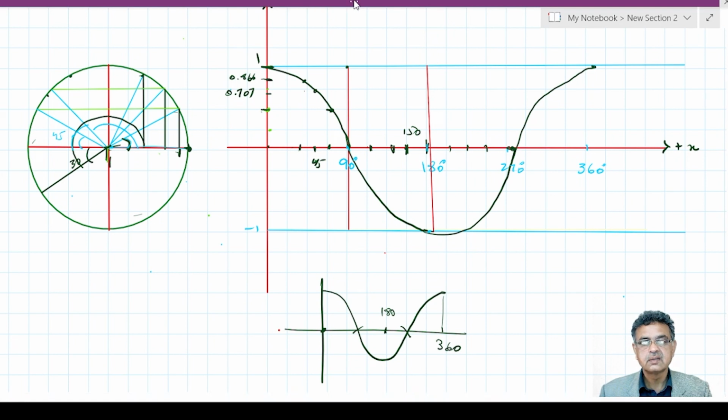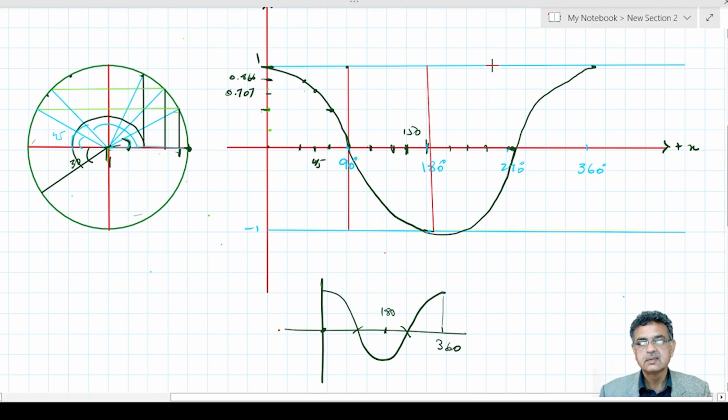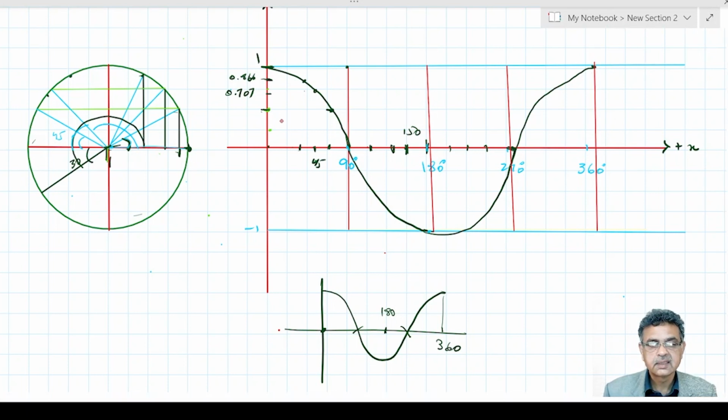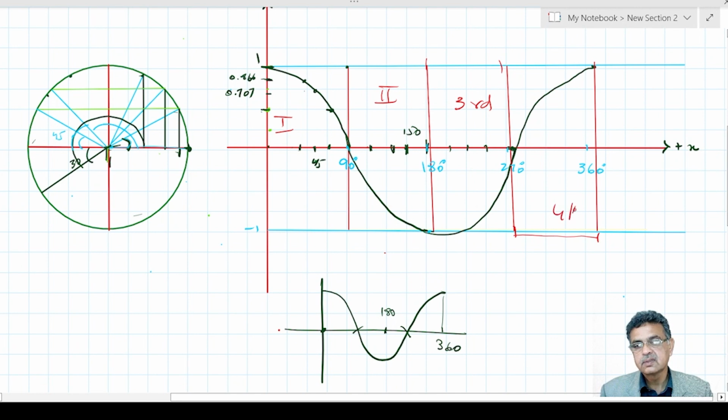This is not drawn accurately, so there may be some difference in the values or intervals. So these are four quadrants. This is the first quadrant, this is the second quadrant, this is the third quadrant between these two lines, and between these two lines this is the fourth quadrant.